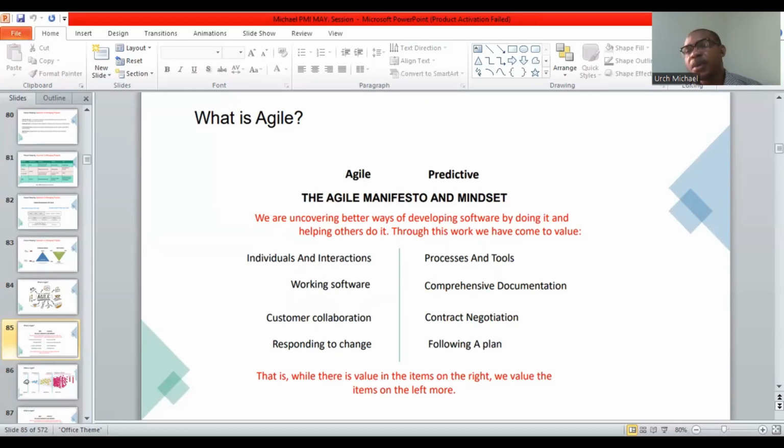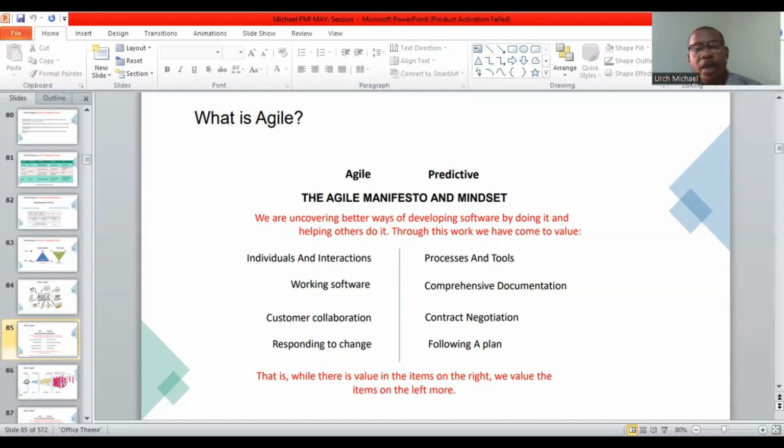They appreciated the predictive methodology, but they would prefer some things more than the strict, plan-driven nature of the predictive methodology, and that was how Agile came on. So the Agile mindset, or the Agile manifesto, is expressed in these 4 points.